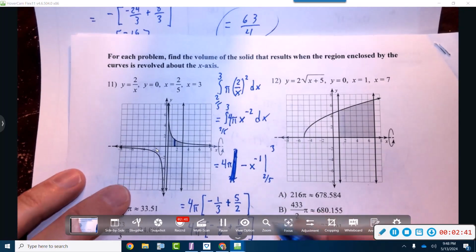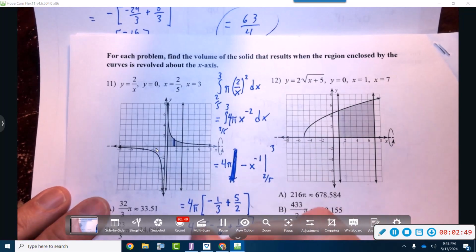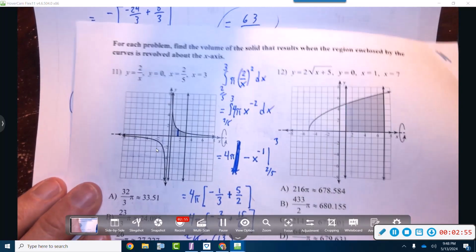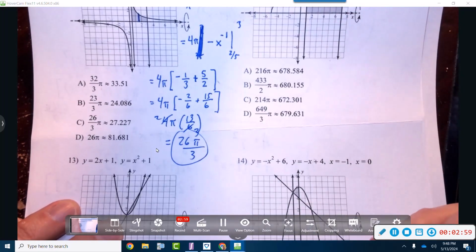So that's going to be 13 over 6. 4 pi times 13 over 6. Okay, and then let's see, that'll be 2, that'll be 3. So it looks like we get a 26 pi over 3. Oh, sorry. Okay, well, here, you can look at it now.